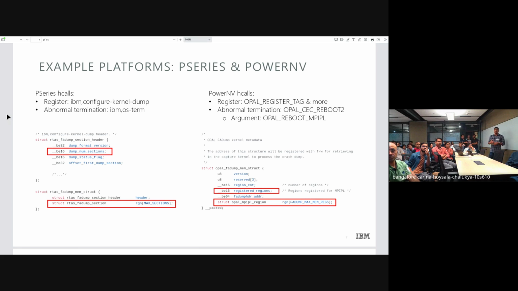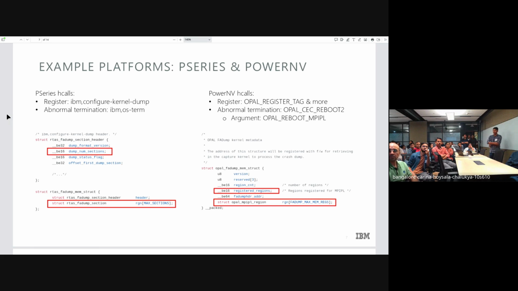But in Power NV, which is the bare metal, non-virtualized, you see again there are two different things for register and abnormal termination. There is a call called register tag, and there is one MPIPL update H call also. There are multiple H calls for registering different data.